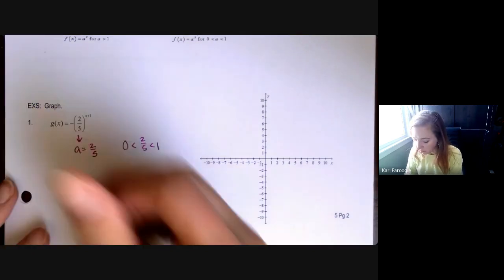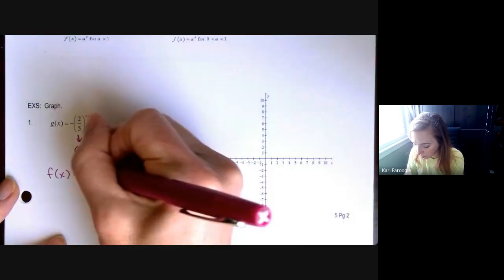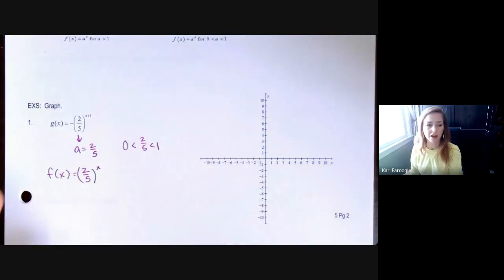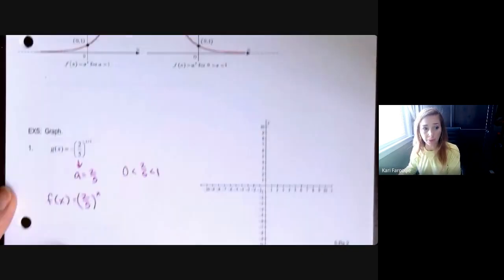Now, let's say for a second we just wanted to graph a different function. Let's say it was f of x equals (2/5) to the x. Usually we put parentheses around that just so it's really clear exactly what the base is. We don't want to think it's 2 to the x divided by 5. It's 2/5 to the x power. Now, if I was going to graph this function, I know the general shape.